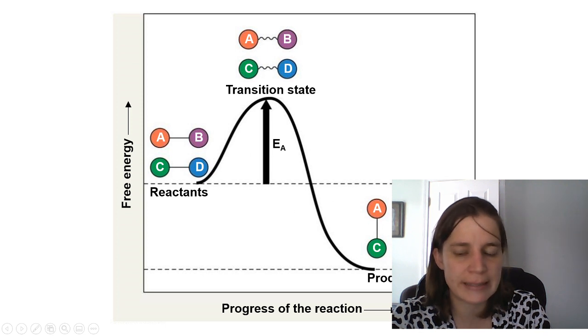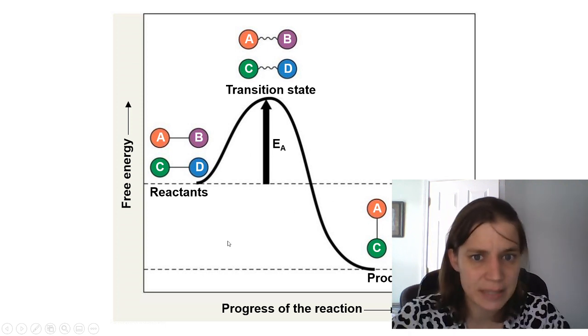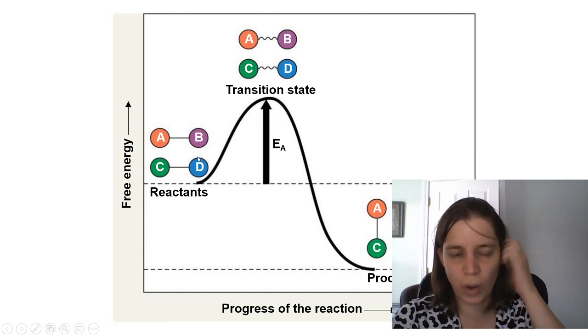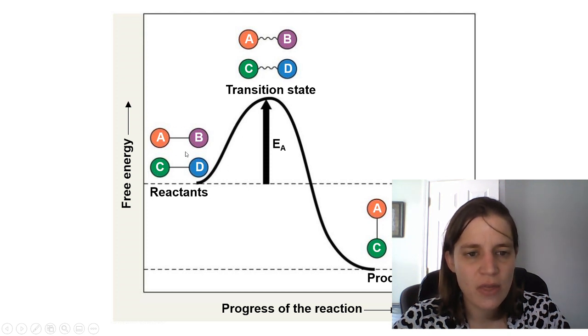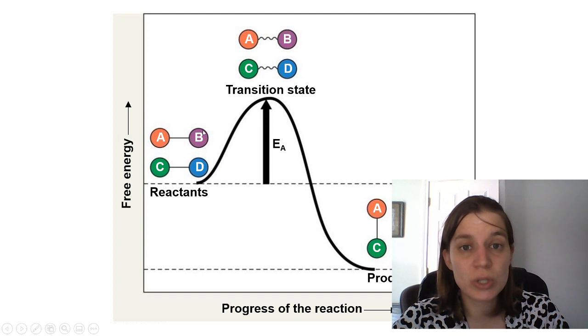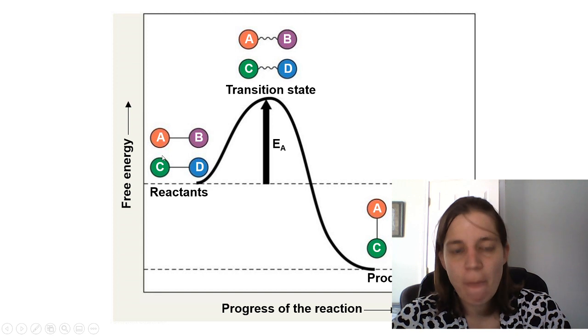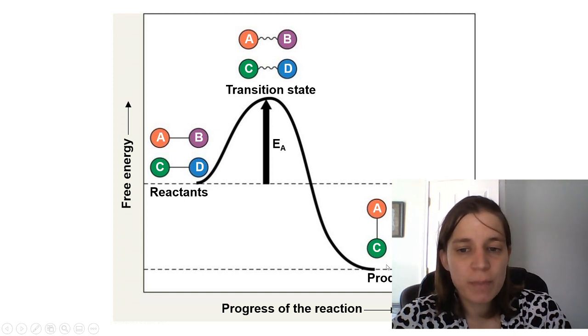This whole thing's spontaneous. The problem is, and this is just where we're going to end, this is worth thinking about. The problem is, to get from A and B to A with C, this bond has to break first. Or to get C and A or D and B, this bond has to break first. Now, the place that these molecules are at right now isn't super stable, but it's not terrible. Yes, the position over here is better, but to get there, this molecule has to break up first.